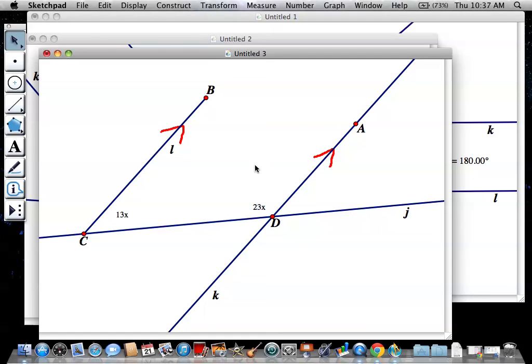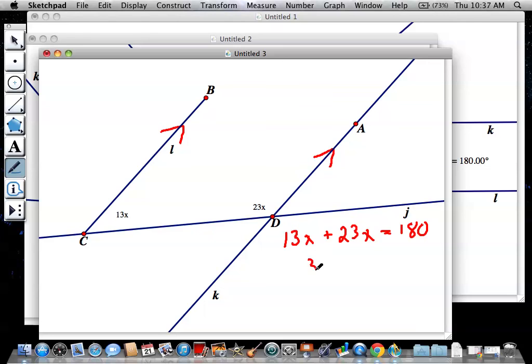And so the same side interior angles theorem states that when you add them up, 13x plus 23x, they'll equal 180 degrees. So now all I have to do is solve for x, and I can figure out what my angles are.